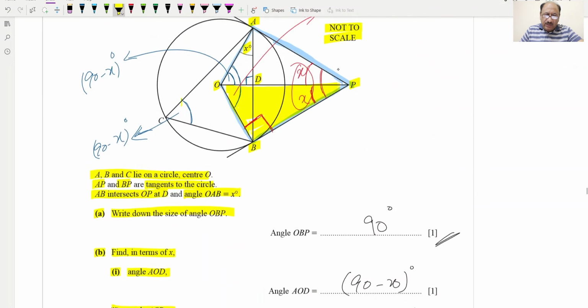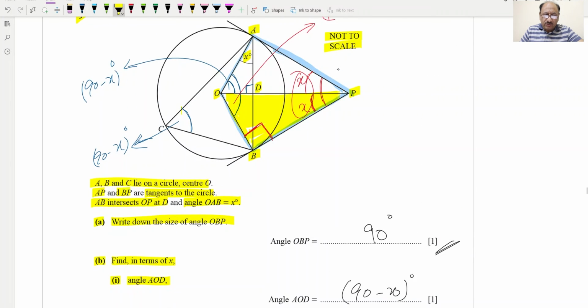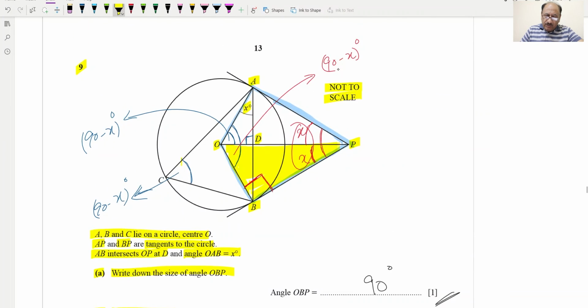Now write down two triangles that are congruent. So congruent triangles are what? We can write OAP, and OBP is congruent to OAP.